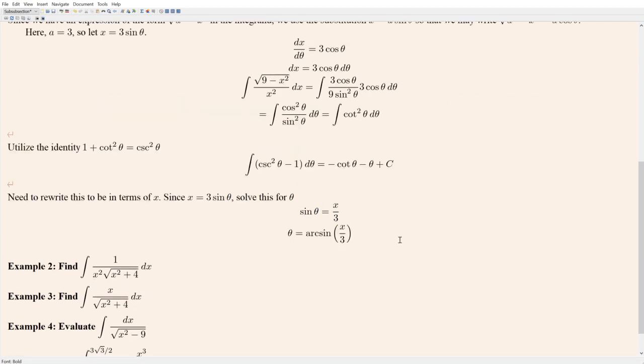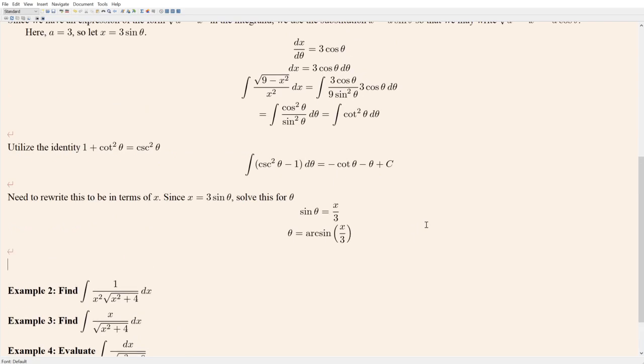What about the cotangent theta? To do this, we're going to take advantage of the Pythagorean identity again. And what's the only Pythagorean identity that has cotangent in it? Well, this one again.